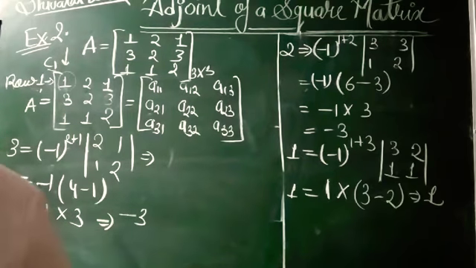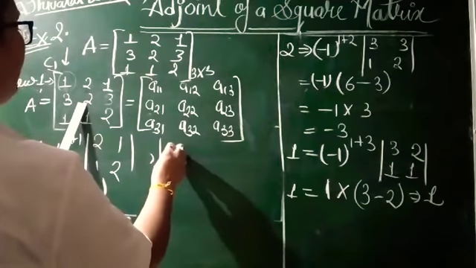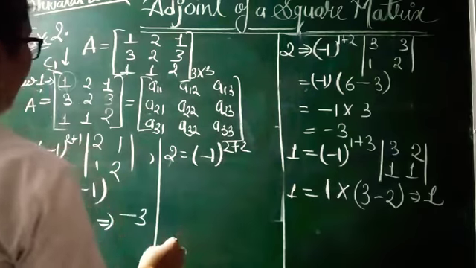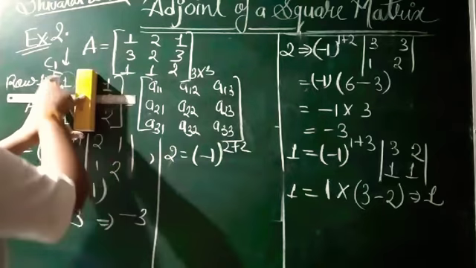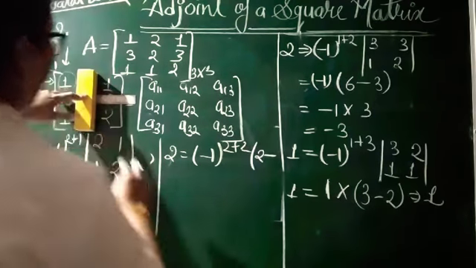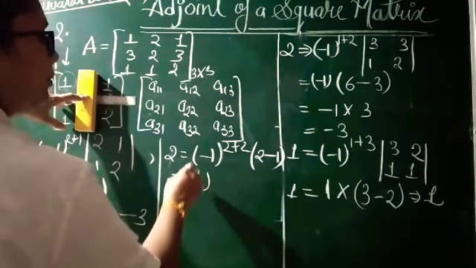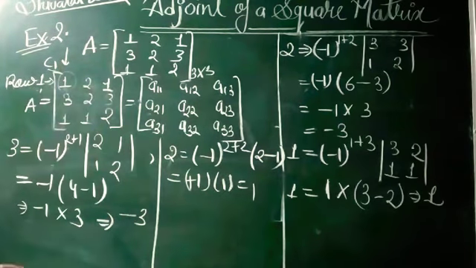Like that we find cofactor of next element here 2. Minus 1 to the power 2 plus 2, and our determinant you see with this 2 ones are 2 and minus 1 ones are 1. That means 1. Okay. So like that we find cofactor of each element and we get new matrix.